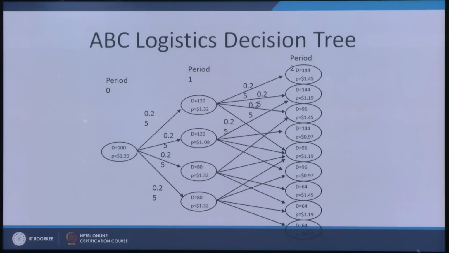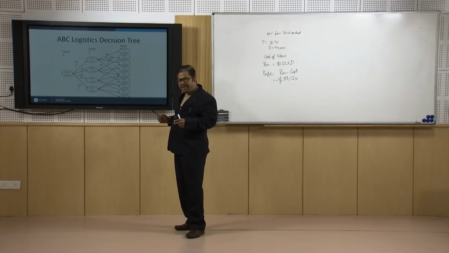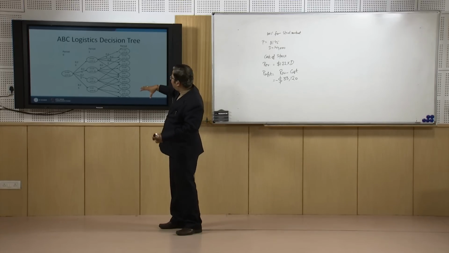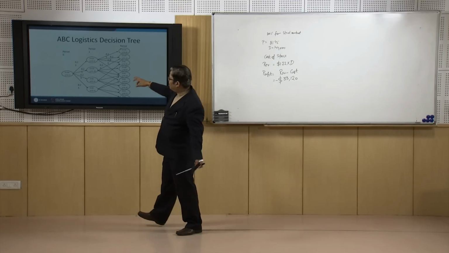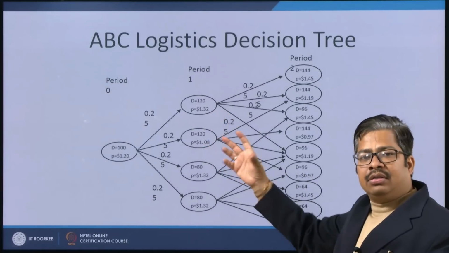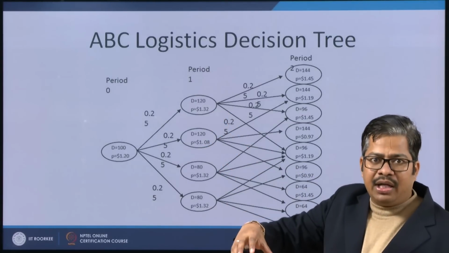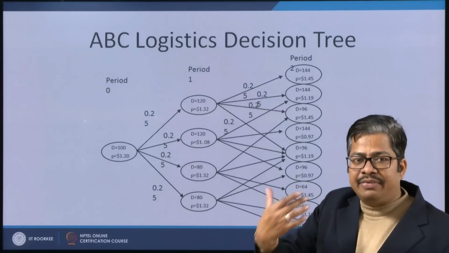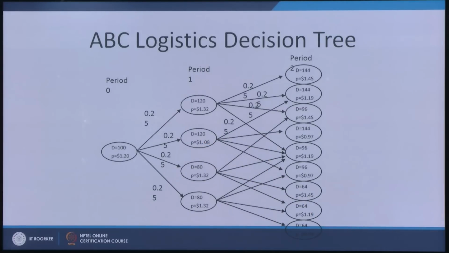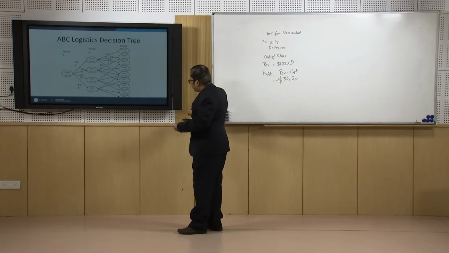And for all these profits, the possibility is 0.25, and that will be the expected profit at period 2 emerging from period 1. And then that total, I will calculate the present value of that total for period 1. So, all that calculation we will discuss.